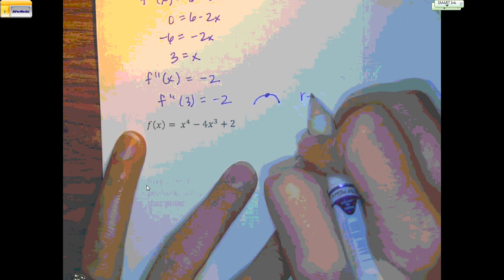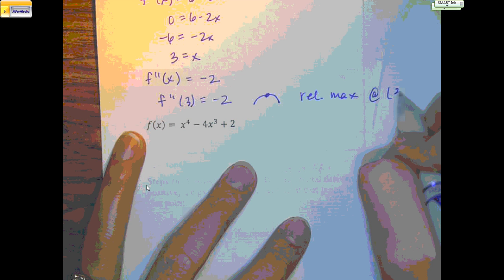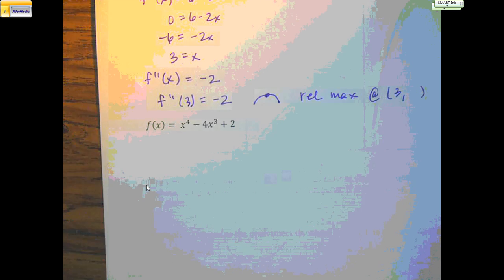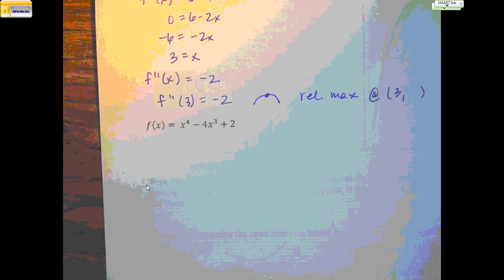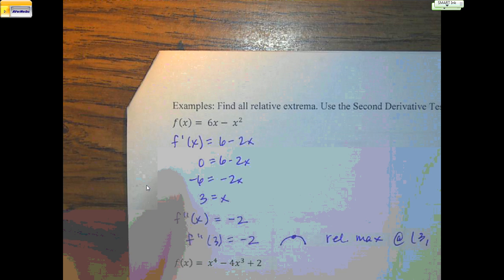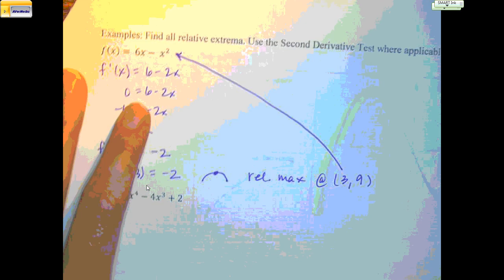So you have a relative max at 3 comma something. Is it 3, -2? Nope. Where do I plug the 3 into? The original, because we're talking about the original. We plug in a 3 here, and I believe we get 9. And if you need to, draw yourself a little arrow so that you know what you plugged it into.